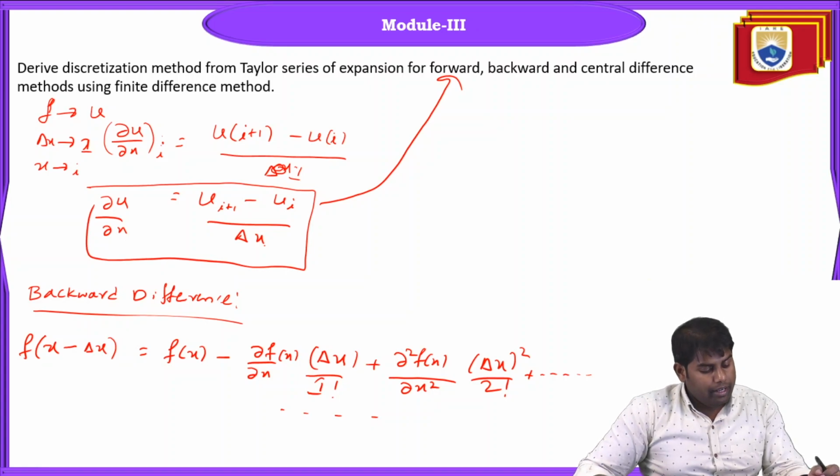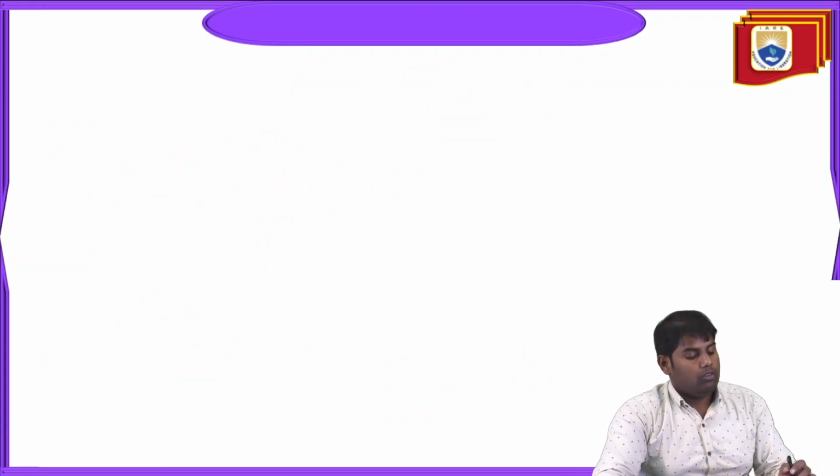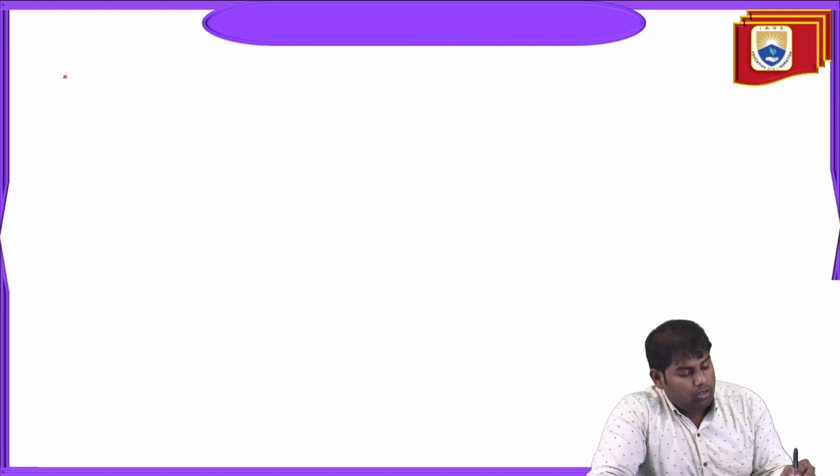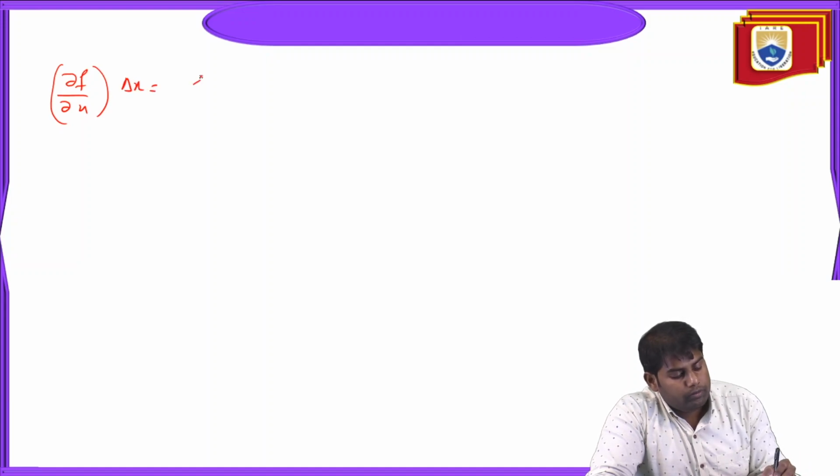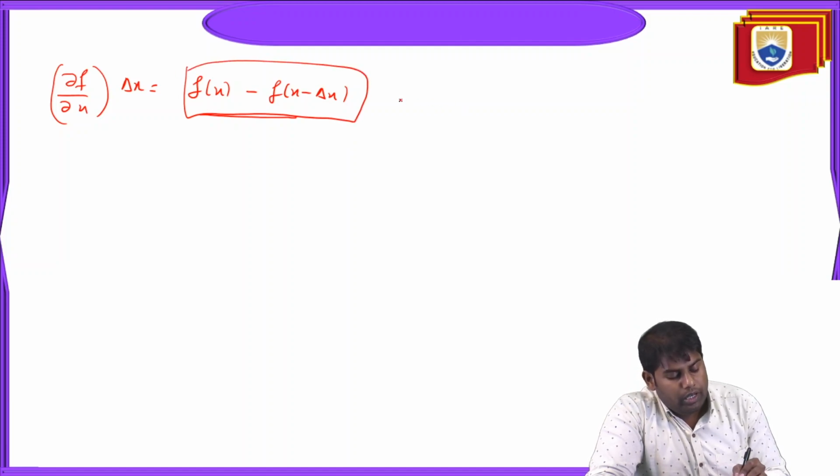Now we will rearrange. So what we get is ∂f/∂x into Δx is equal to f of x minus f of x minus Δx. This is the first term. Next you have minus ∂²f/∂x² into Δx² divided by 2 factorial plus so on.